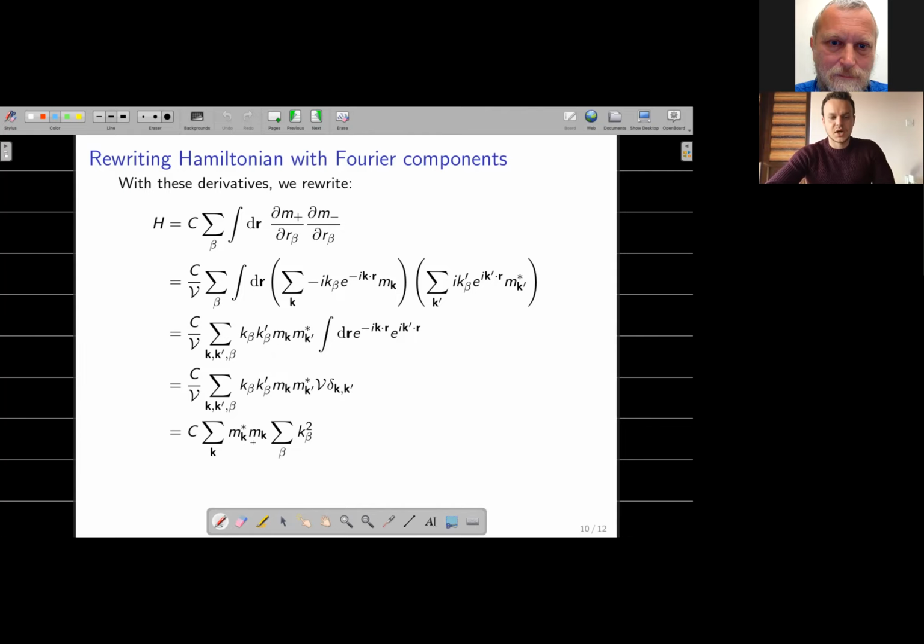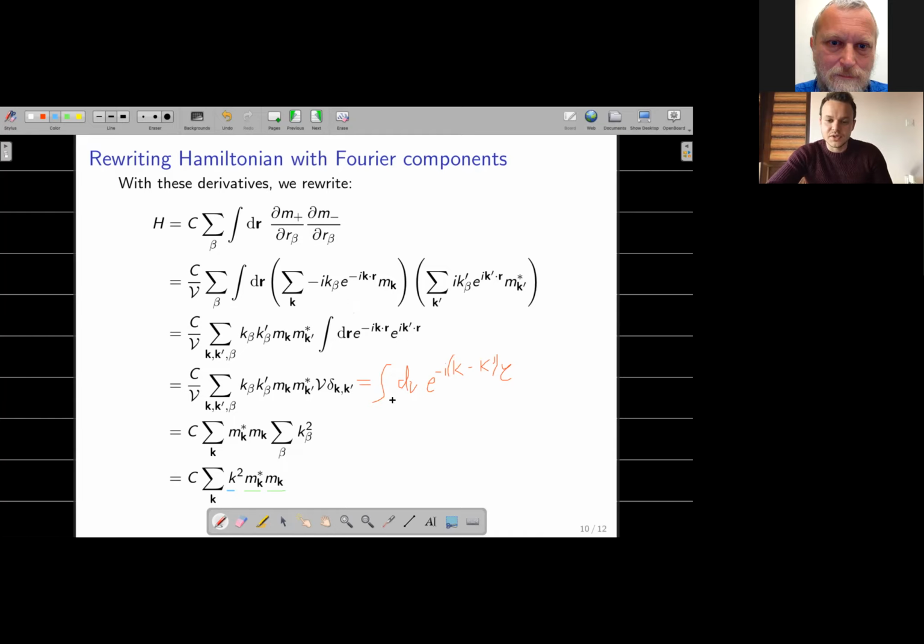So mk star, mk, the sum over k, and what we have here is the sum over beta of the components of k squared. So this is the norm of the vector k, just written explicitly. Okay, yes, sorry for those two steps, but here we have k squared, the sum over k being a vector, and again mk star and mk.